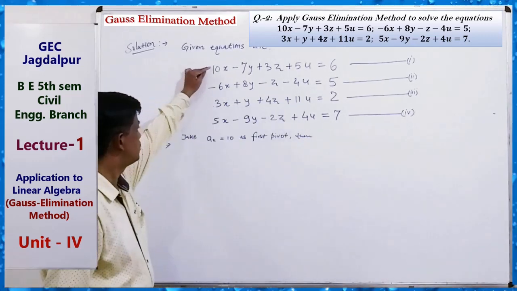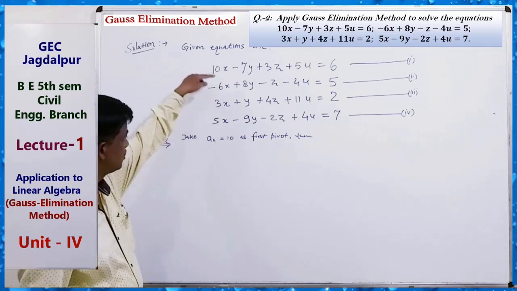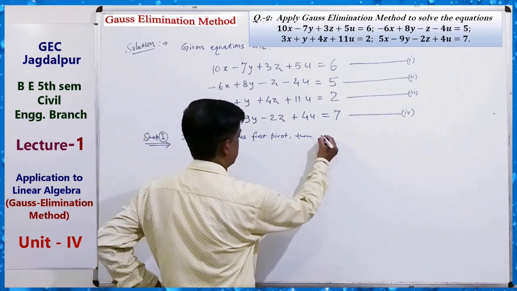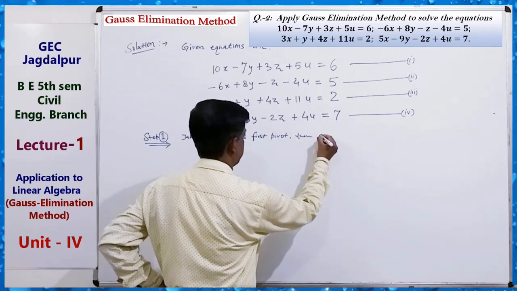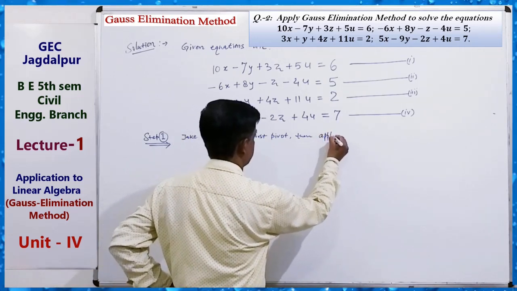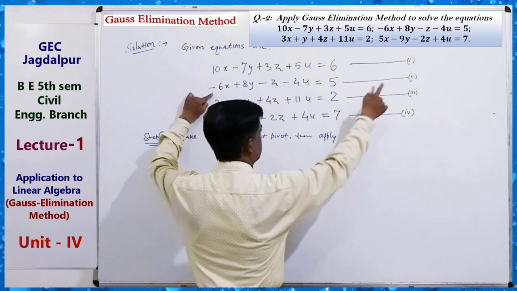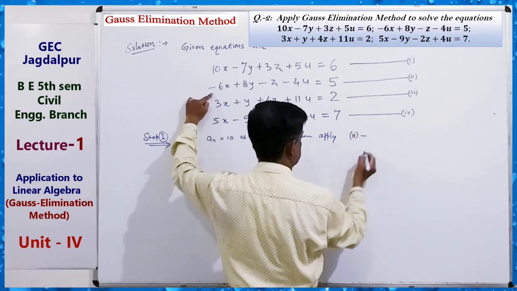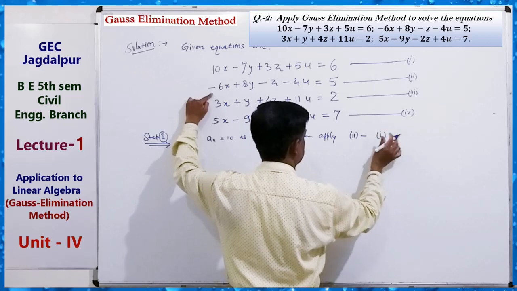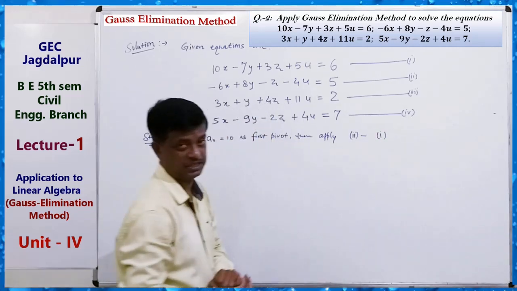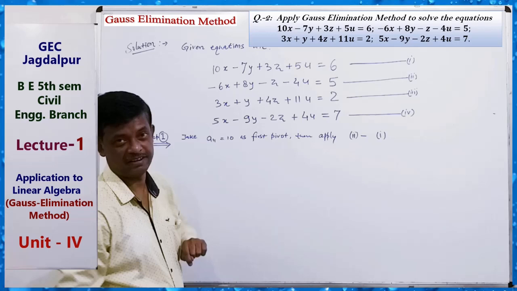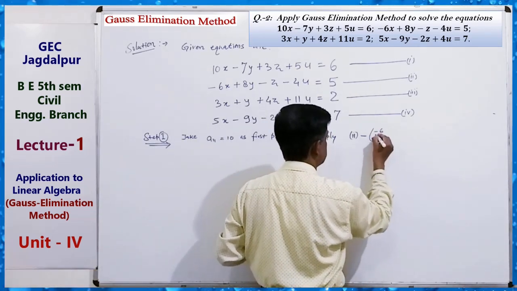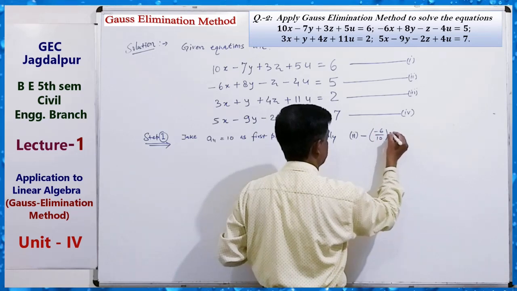Because by using this we have to make this 3 into 0. How? Apply, equation second minus equation first multiplied by which? Minus 6 by 10. Clear? Minus 6 by 10 of first.